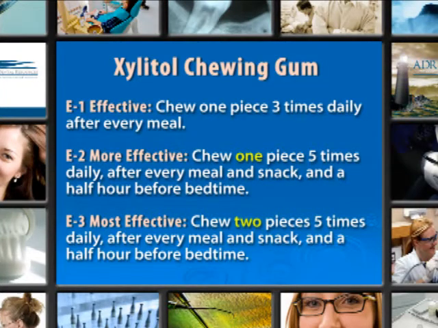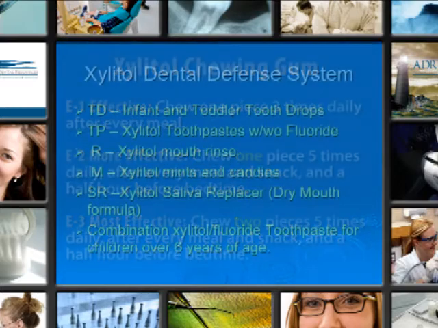E2, where we're going to try to have them chew 5 pieces of gum a day or 5 different times during the day, relates to level 2, level 3, and if you get into level 4 in adult patients or 12 and older, then you want them chewing 2 pieces of gum because you want that high peak xylitol being provided in the oral cavity.